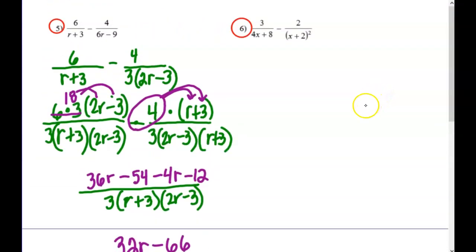All right. This is one again where you don't want to do the cross multiply thing, and some of you like to think of that as a shortcut because they already have a bit of a common denominator. What can I take out of the denominator down here? If I take out a 4, what's left is x plus 2.